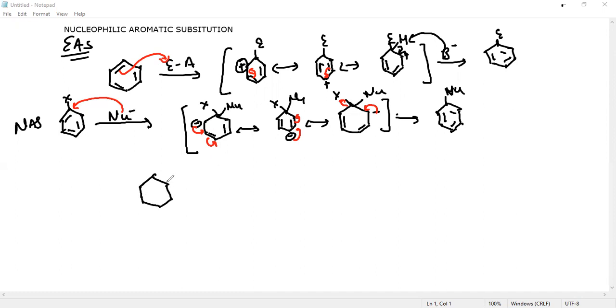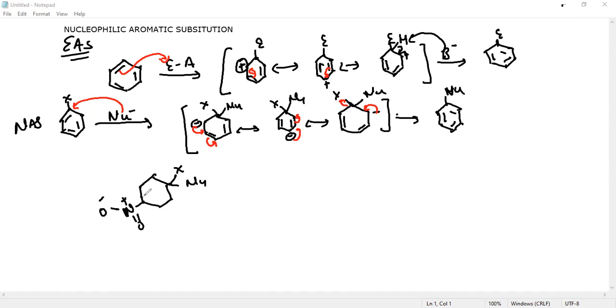Let's look into that. So here we have, let's say, your nucleophile, okay, and then let's say we put a nitro group here. So the nitro group, if we see, is something like this.